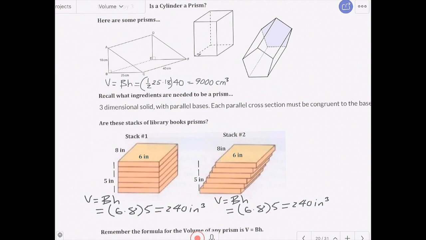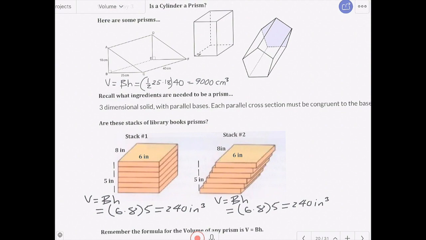All right, so how'd you do? 9,000 for the first one, and both stacks of books on the bottom have exactly the same volume, which does make sense because these books are taking up the same amount of space, even though the second stack of books has been slanted somewhat.